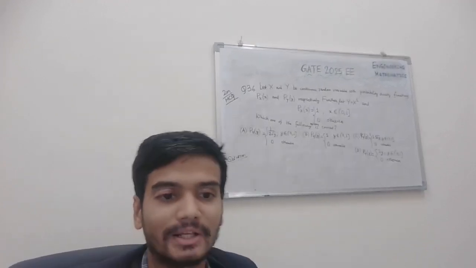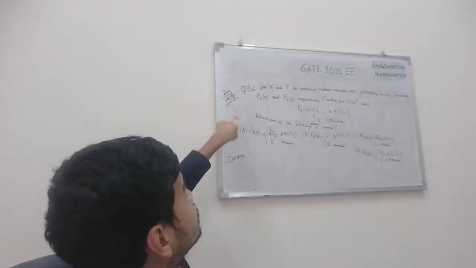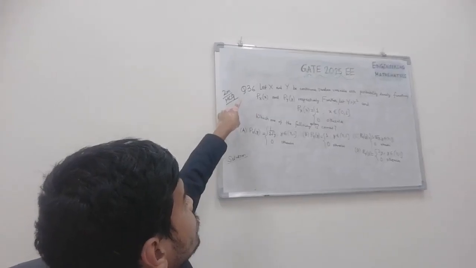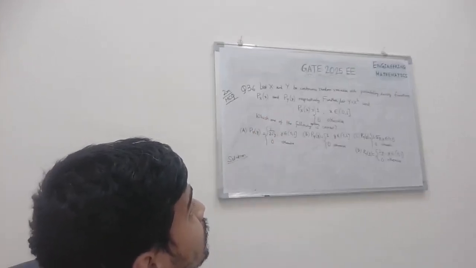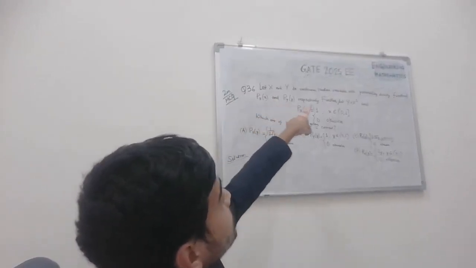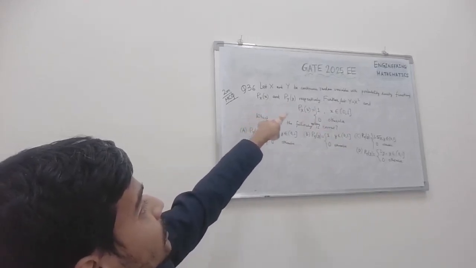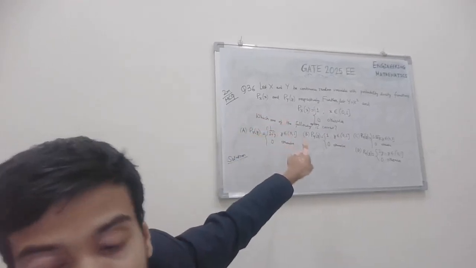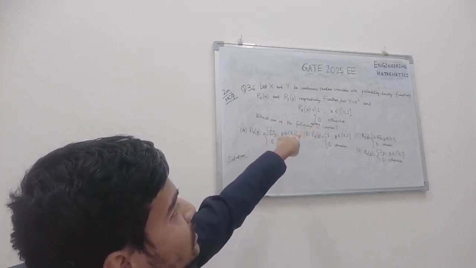Hello viewers. Moving on to the next question. This is a 2-mark MCQ-type question, from continuous random variables and probability density function. Let x and y be continuous random variables with probability density function p of x, and further let y equal to x square, where p of x equal to 1 for x belonging to 0 to 1, and 0 otherwise.